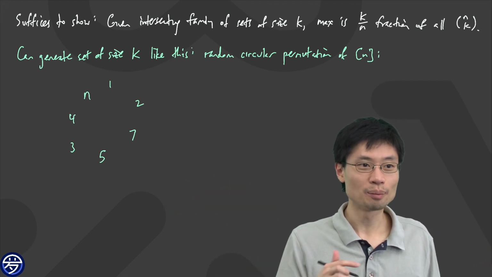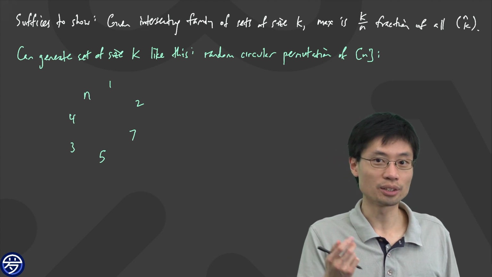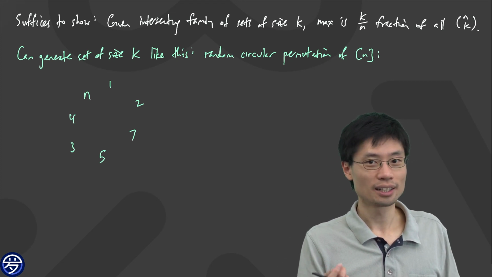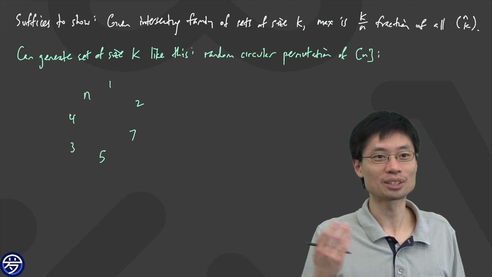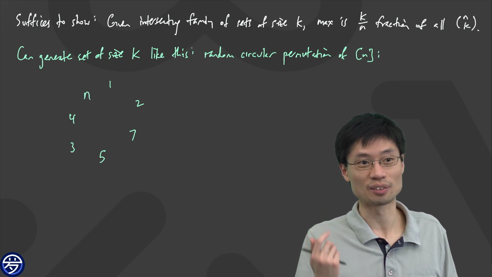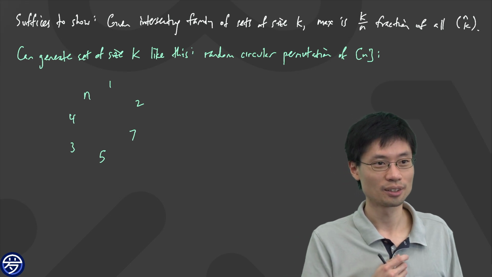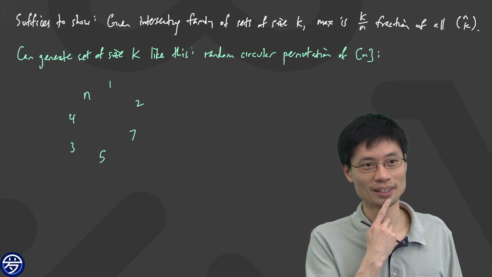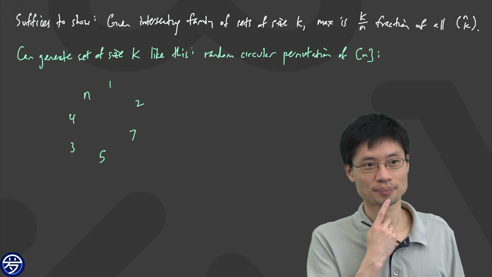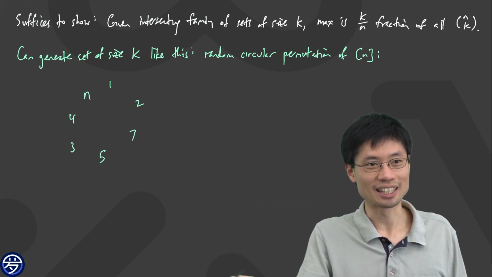If I have this random permutation, can anyone suggest how you might use it to pick a k-element set? I want to show this is a very natural idea once you think of a random circular permutation. How might I pick a random k-element set from this? I must use that there's a nice circle.